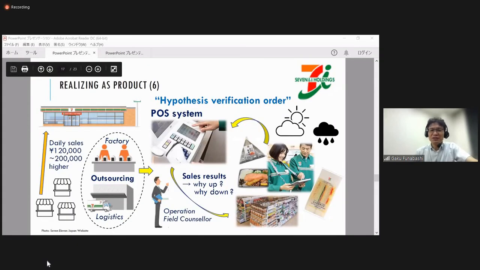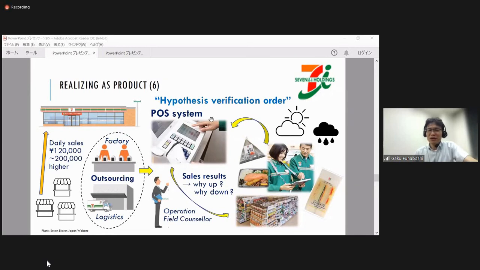And 7-Eleven in Japan, of course, sells various kinds of products. And what kind of product is sold? Usually, this kind of store decides using the database, big data, like a point of sales system.